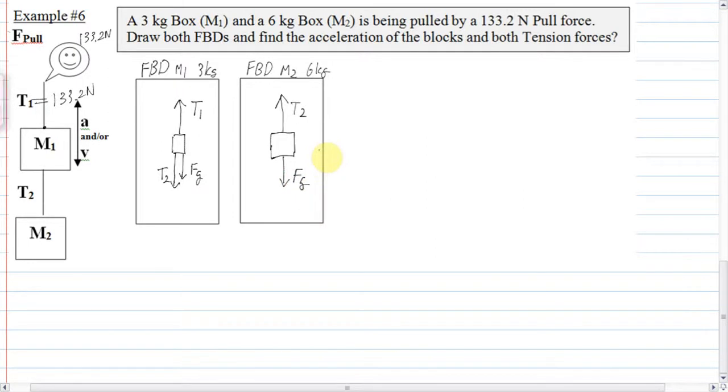The system is accelerating, but we might not know which direction yet. Since we don't have the tension force of T2, we will not work on individual objects. We'll start with the system. So I'll start with the system way over here. The mass of the system is 9 kilograms.